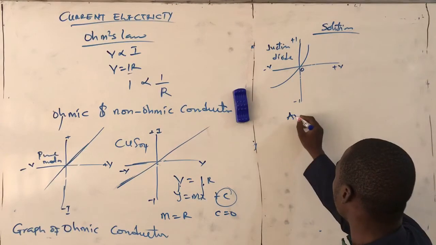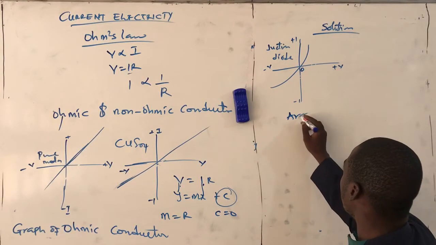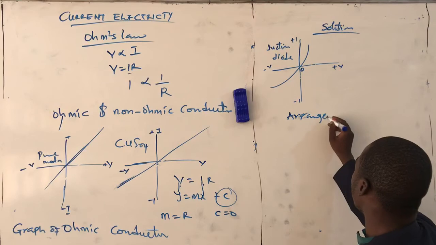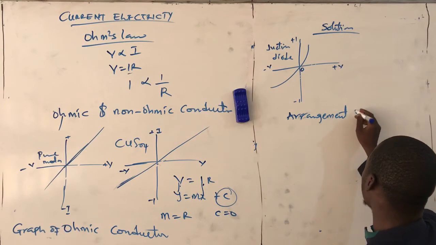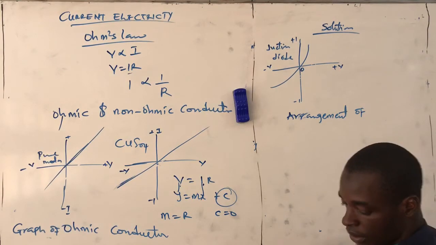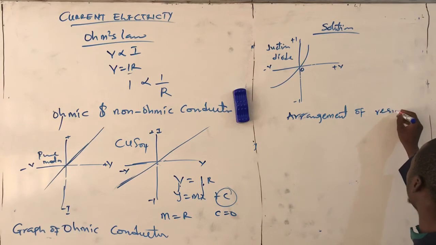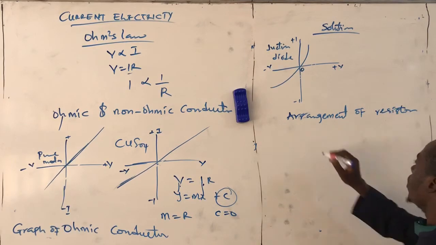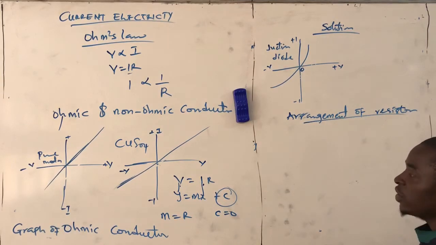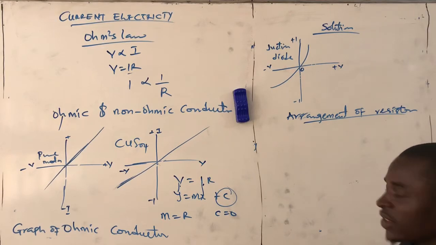Then we have arrangement of resistor. Let's go with arrangement of resistor. If you have resistors, we can always have two types. We can have a parallel arrangement, and we can also have a series arrangement.